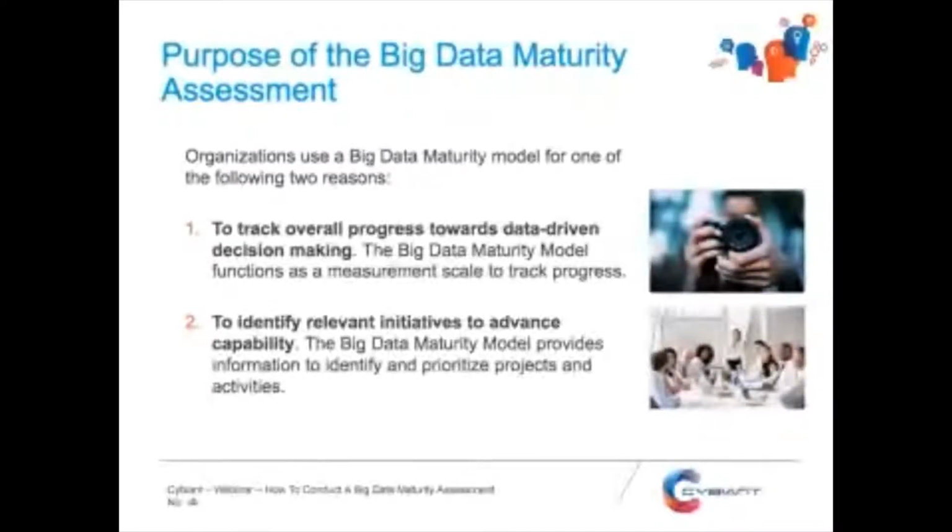The second reason is that based upon where we are today, we can start planning improvement projects to move towards the next level of maturity. When I first started with doing big data in organizations, I was very much overwhelmed with all the different models, tools, technologies, algorithms that are out there.